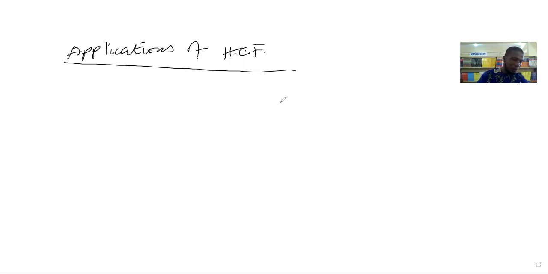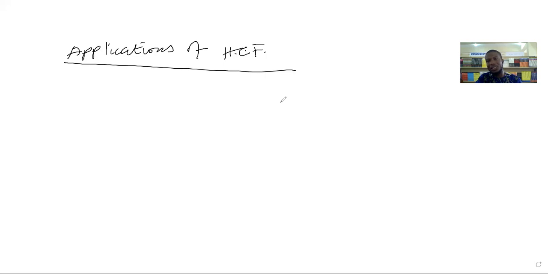Then another one will be, you have a piece of canvas you want to use to make doormats, and you want to make squares. Let me be specific. You make square doormats from the canvas, but you don't want to waste any of the material.